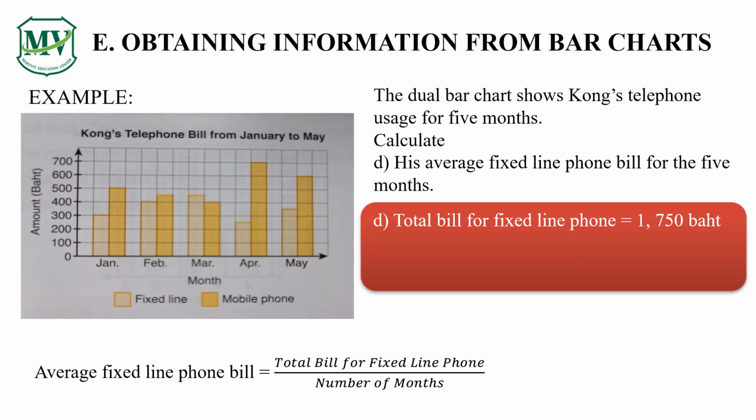So we will have average fixed line phone bill is equal to 1,750 divided by 5. And 1,750 divided by 5 is equal to 350. So his average fixed line phone bill for the 5 months is 350 baht.